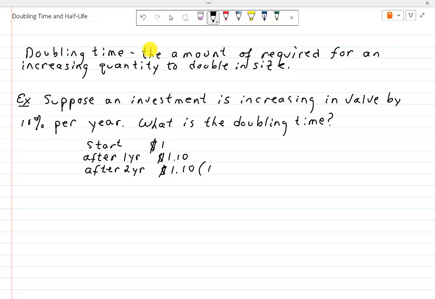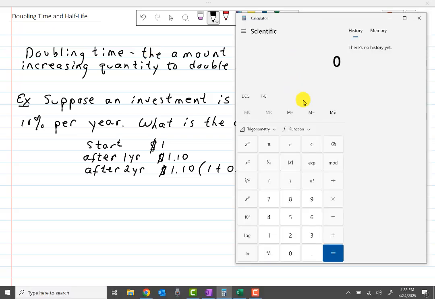You do 1 plus 0.10. That way, you not only take the amount you had before, you also put in 10% more all in one shot. So when I do it, I'll do 1.1 times, start a parenthesis, and go 1 plus 0.10, end the parenthesis, and hit enter, and I get 1.21.